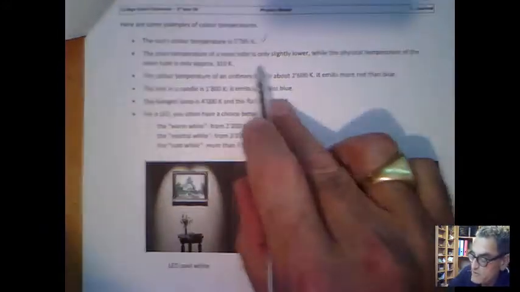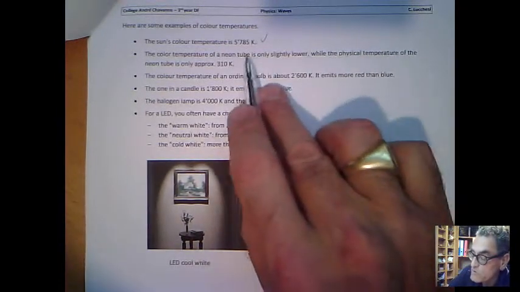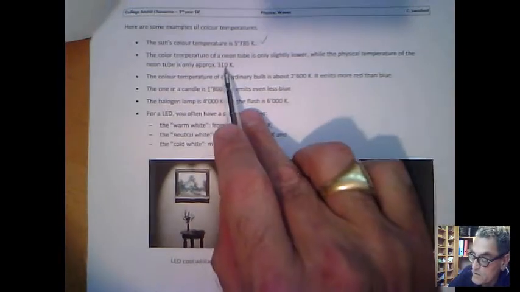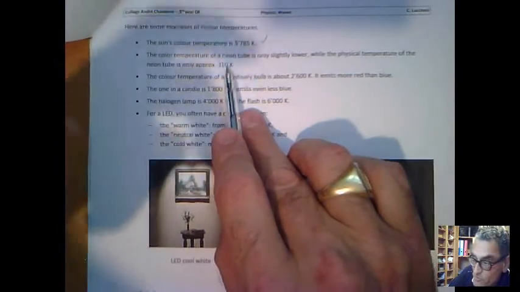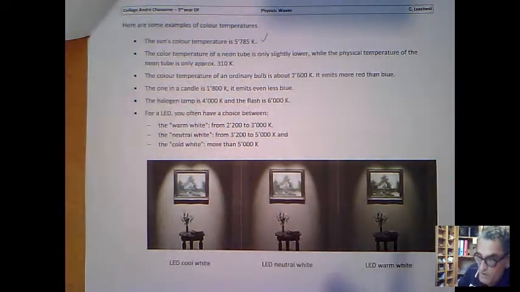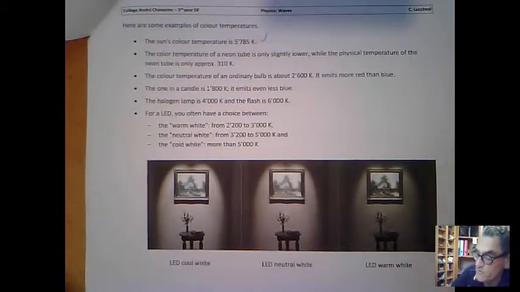But now if you take a neon, okay, a neon tube, it's a bit more blue, so the color temperature is a bit smaller, like 5,000, but the temperature of the neon itself is a few tenths of degrees Celsius. Okay, so the temperature of the object and the color temperature are two notions which are completely different.